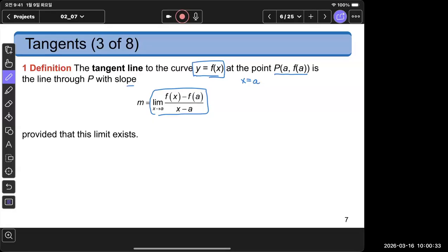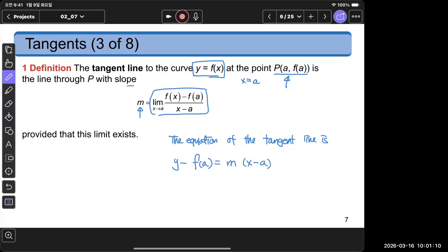Since the slope is given, and we know that this tangent line goes through this point P, the equation of the tangent line is y minus f of a equals m times x minus a.